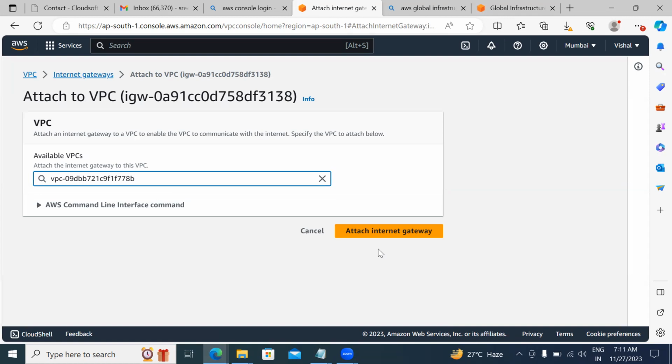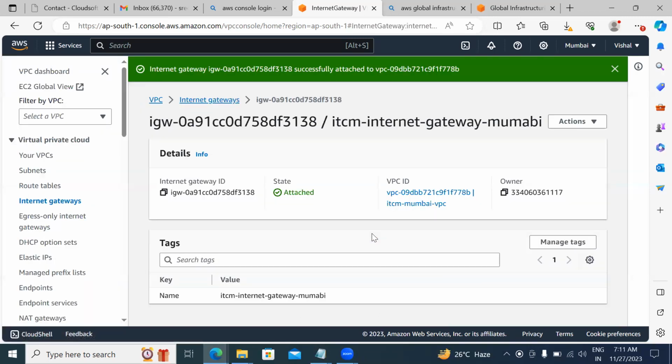If you have multiple custom VPCs, then you may get that list here. But as we have only one custom VPC, that's what we got. I'm going to attach it. Can you guess whether those 4 subnets are as of now public or private? Still private only.